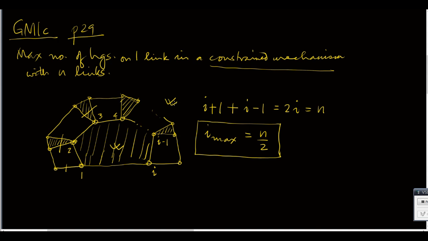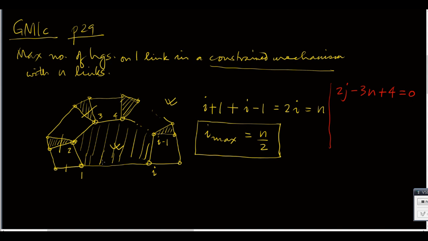You can see, if you check the degrees of freedom, for 1 degree of freedom we require 2j minus 3n plus 4 equals 0. The number of joints, so what's the number of joints?